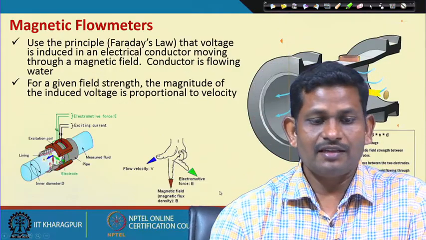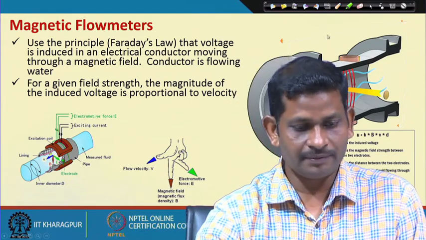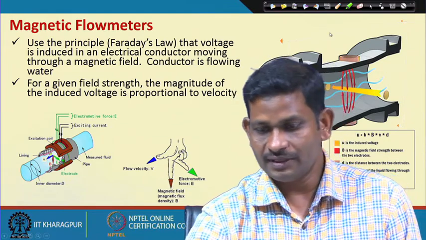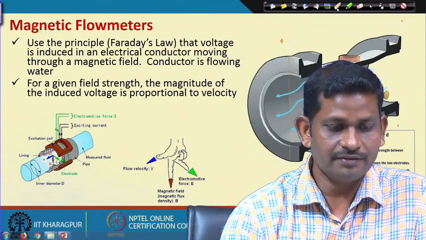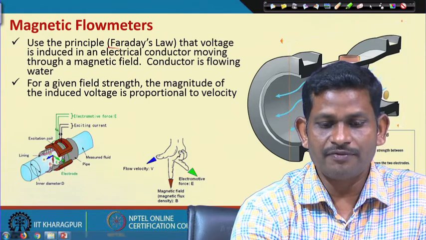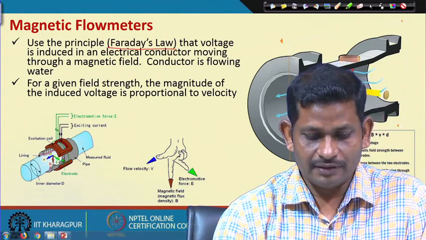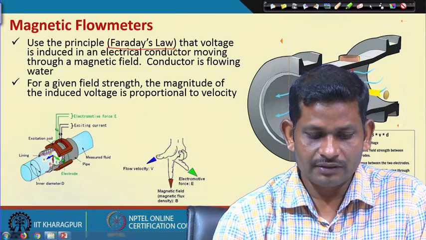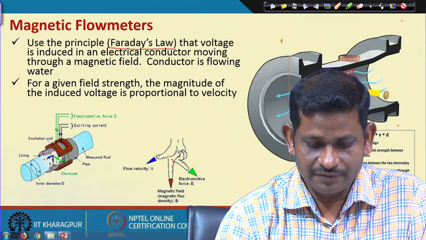Okay, so the next is the magnetic flow meters. Nowadays, these are really prominent and also expensive. This basically works on the principle of Faraday's law. If you remember Faraday's right hand rule, there is a magnetic field.